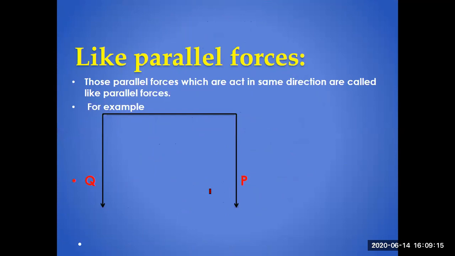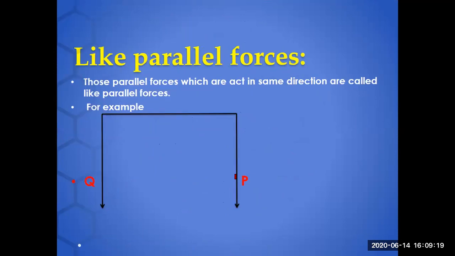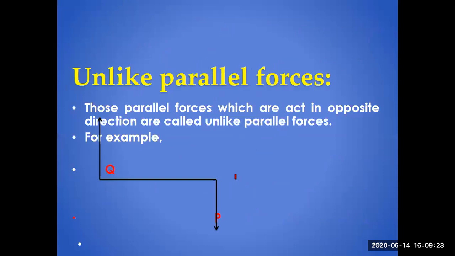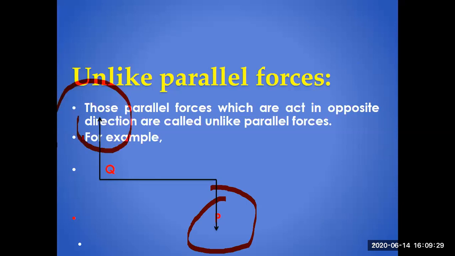And the parallel forces which act along different directions are called unlike parallel forces, like this one. You see, this force is acting in the downward direction and this force is acting in the upward direction. Those parallel forces which act in opposite directions are called unlike parallel forces.